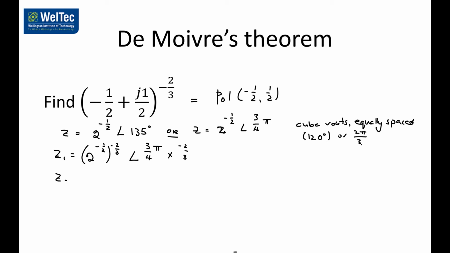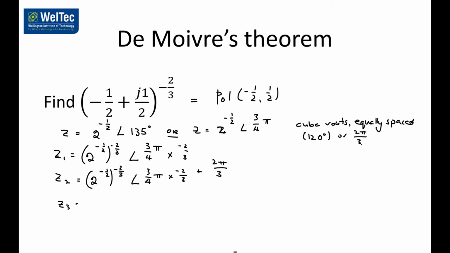Then the second root would be 2 to -1/2 to the 2/3, -2/3, because the length is always going to be the same, angle 3/4 pi times -2/3, but this time it's going to be another 120 degrees on, or another 2 pi by 3 further round, because the roots are equally spaced.